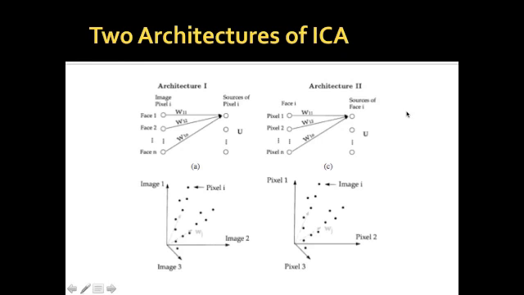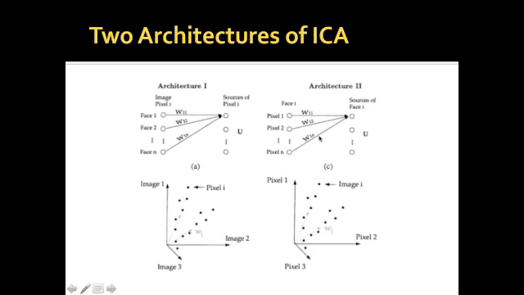In architecture 2, which we generally use throughout this class, we concatenate the columns of the image, the pixels, and try to find the independent components out of the pixels, and the faces, the images, are the random outcomes.